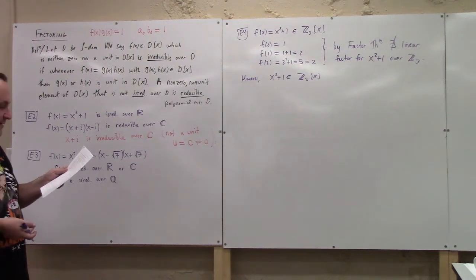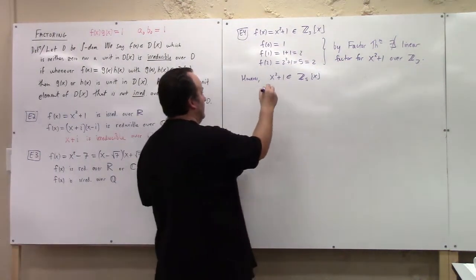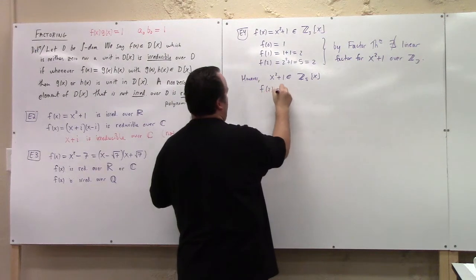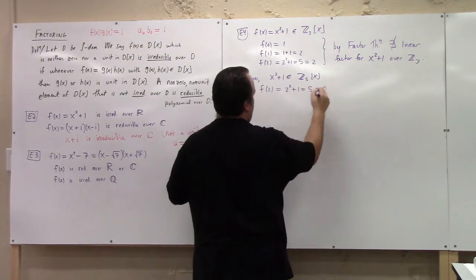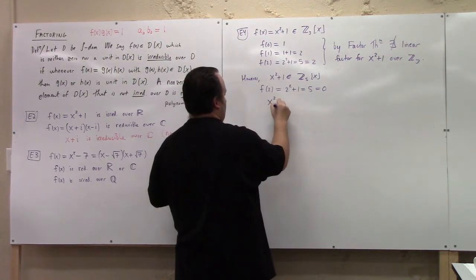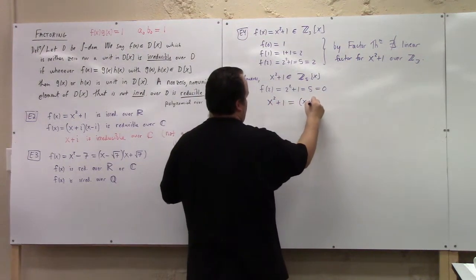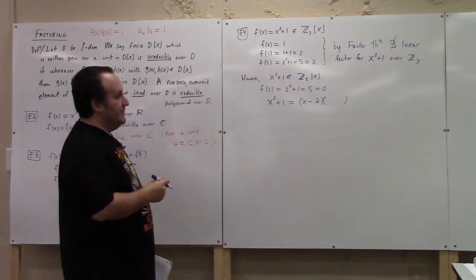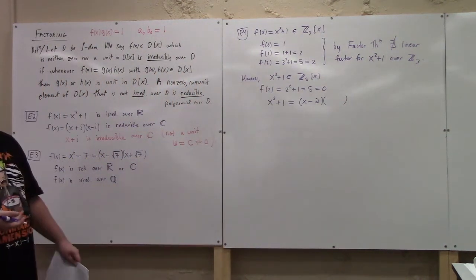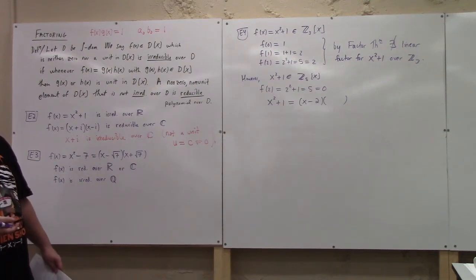Well, if you notice, f of 2 is 2 squared plus 1, which is 5, which is 0. So that means x squared plus 1 is x minus 2 times something. So apparently it is reducible.